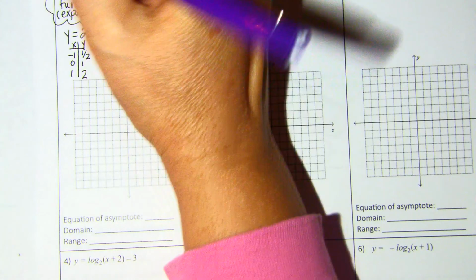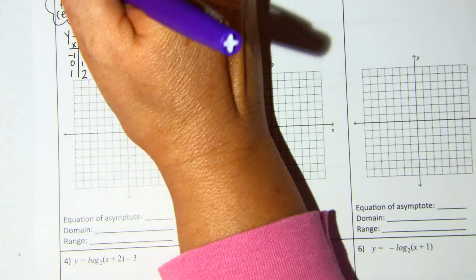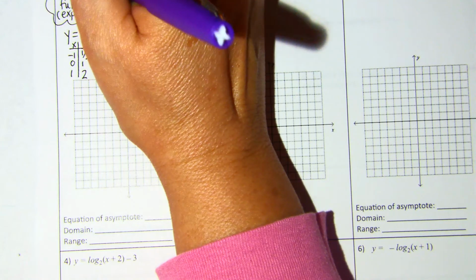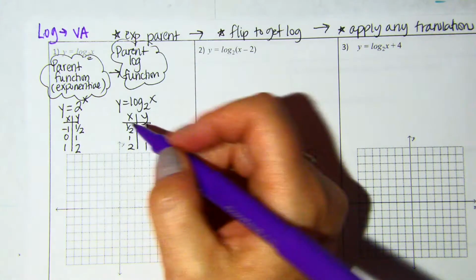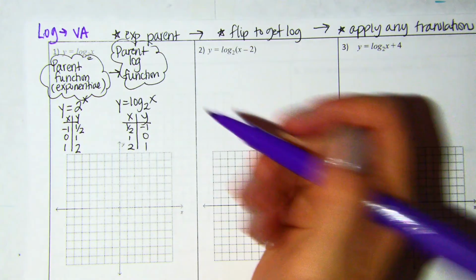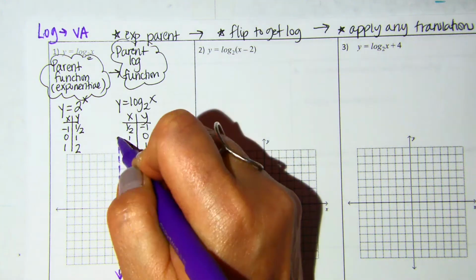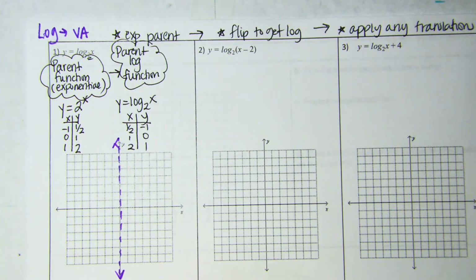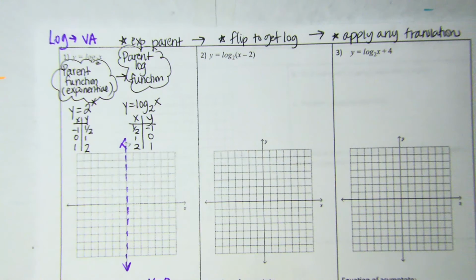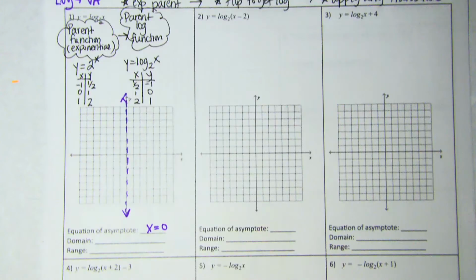So remember, with logs, you have vertical asymptotes. Okay? Vertical asymptotes. So because it doesn't move right or left, the asymptote is at 0. So x equals 0. I'm zoomed in a little too much. Let's fix that.